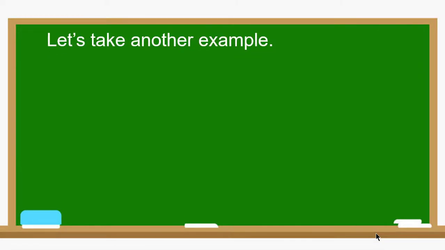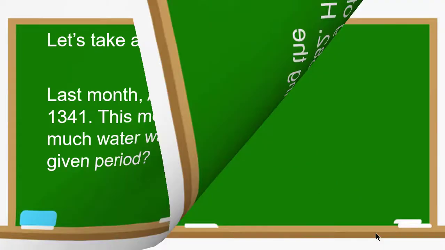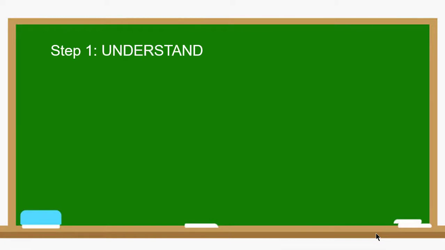Let's take another example. Last month, Alice had a water reading of 1,341. This month, the reading is 1,382. How much water was consumed during the given period? Step 1.